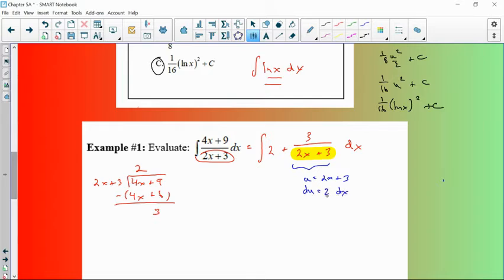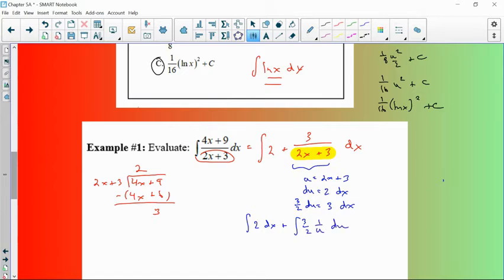So if I multiply by 3 halves du, 3 halves of 2 would give me my 3 dx. So the integral is 2 dx plus 3 halves times 1 over u du.